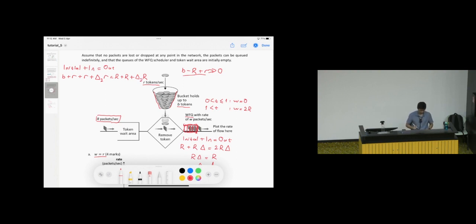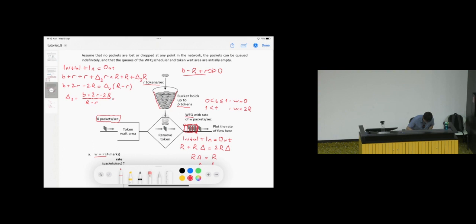Okay. So now let's solve this for delta 2. Let's simplify this. B plus 2r minus 2 capital R equals delta 2 times capital R minus small r. So delta 2 equals B plus 2r minus 2 capital R over capital R minus r.